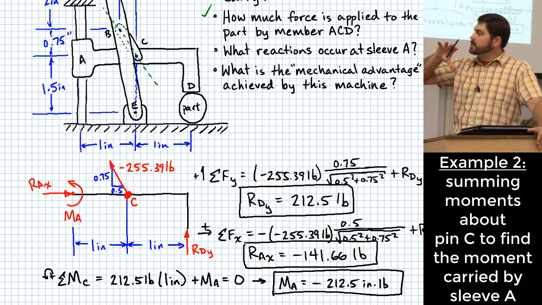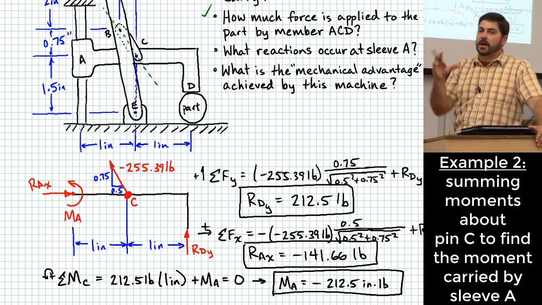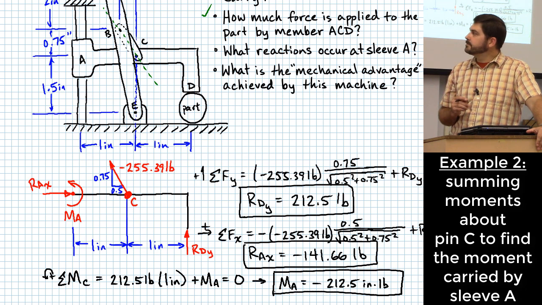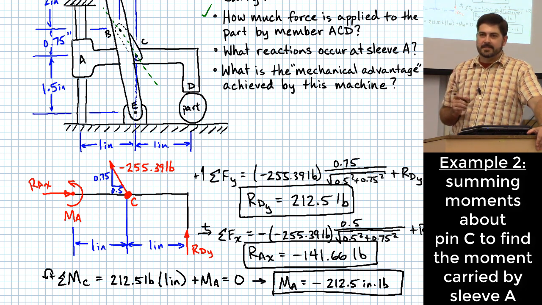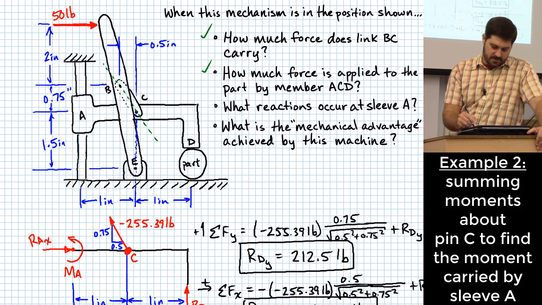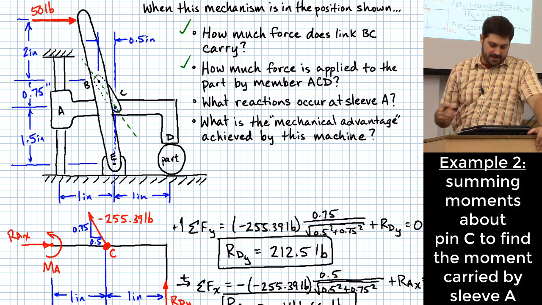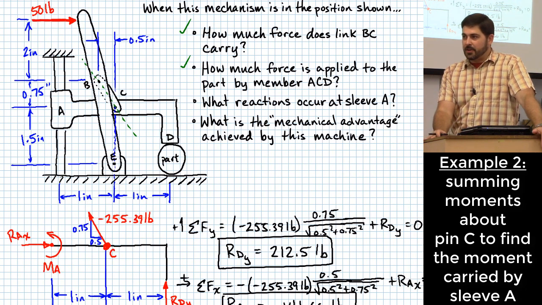So the rod that it slides on is actually putting a clockwise moment on part ACD. Okay? Clear as mud? All right. Are there any other questions?